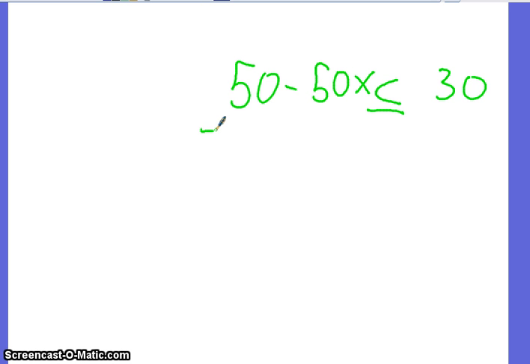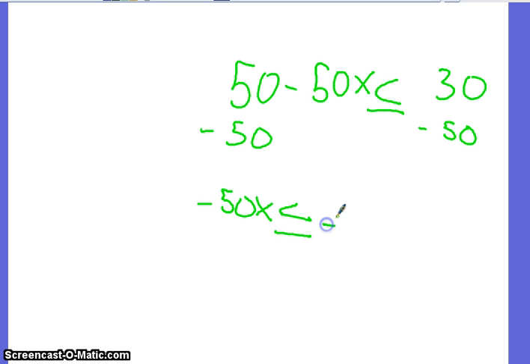But first, before I get there, I'm going to subtract 50 on both sides. That gives me negative 50x is less than or equal to negative 20. Correct? Okay. Now I'm going to divide by negative 50 on both sides.